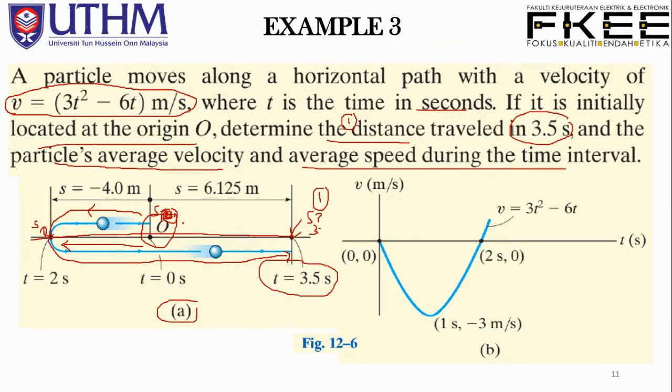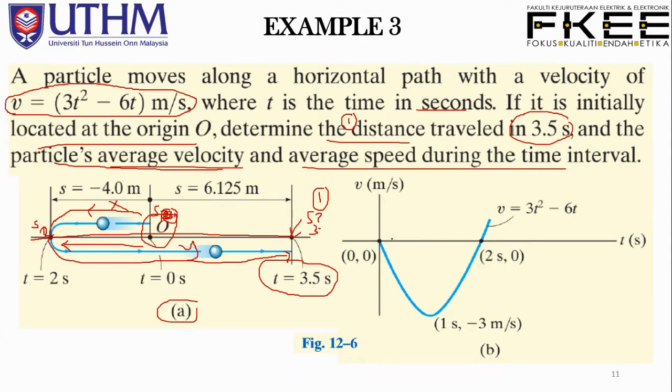We need to find the particle's average velocity in this region, this region Y, for example, and also X and Y regions. This is the graph. We can represent the displacement or the movement of the particle.